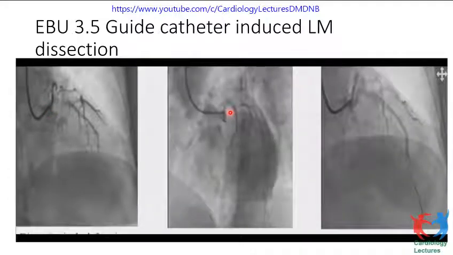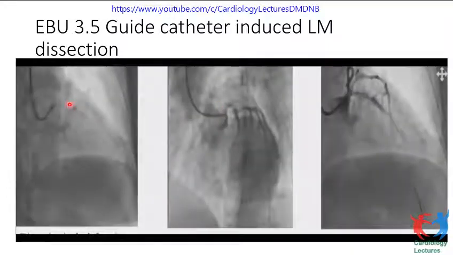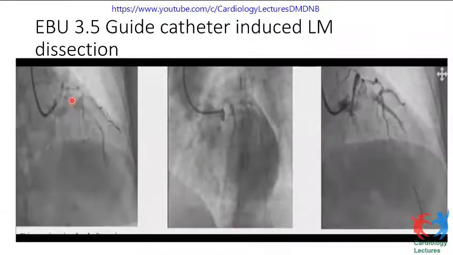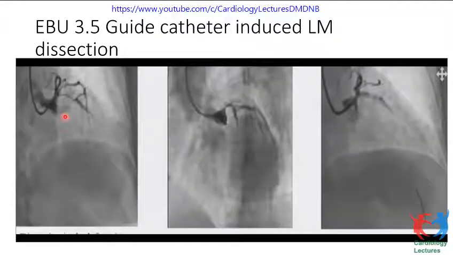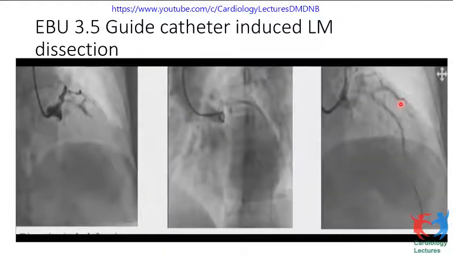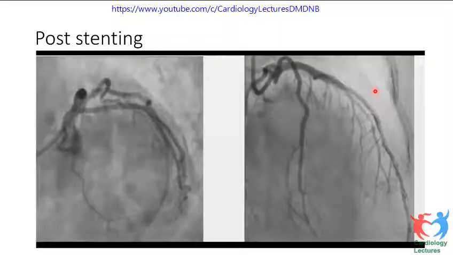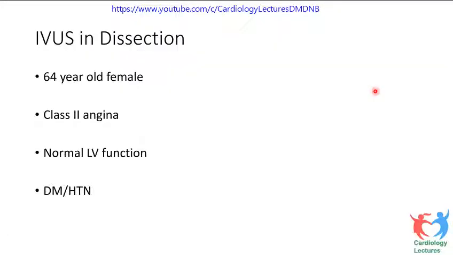And just because of that, the LAD, which did not have a lesion in the proximal segment, probably had the dissection extended, or the hematoma extended, compressing the LAD, and the patient became unstable. And somehow again, with difficulty, with the same guide, the true lumen was entered, and then the patient underwent stenting with good results. And what is the role of imaging in such dissection?